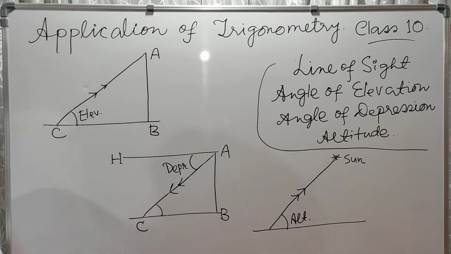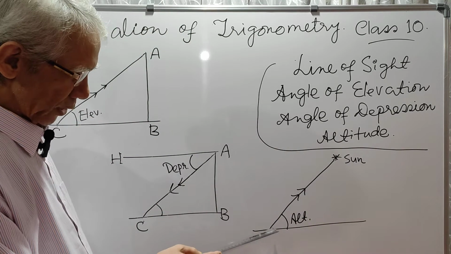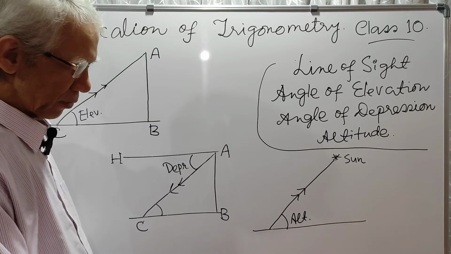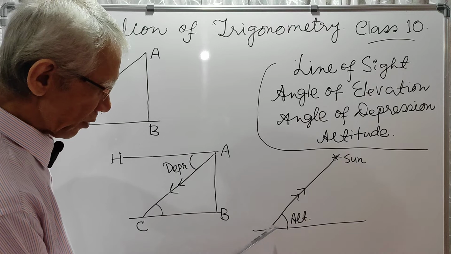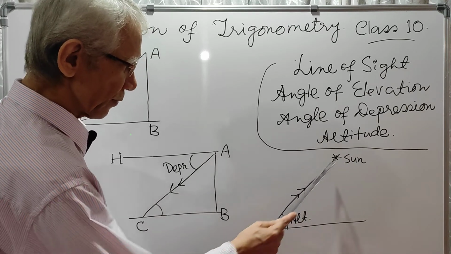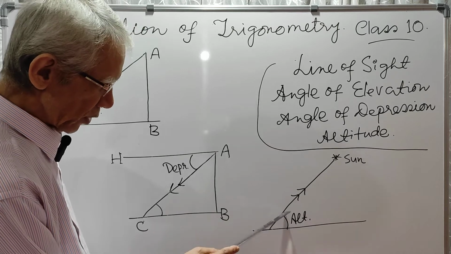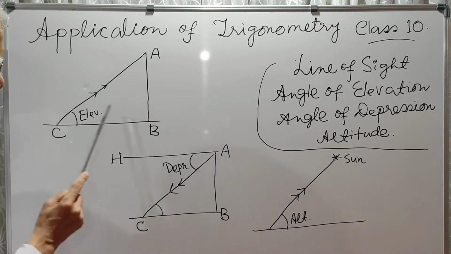All right. Now come to this altitude. Now see, this is the ground, this is the position of the observer. The observer is here. Now this is a star or a sun. The observer is looking up towards the sun. So this is a line of sight. Now this angle is what? Angle of elevation.